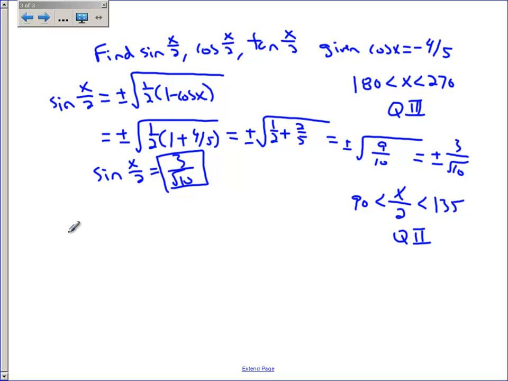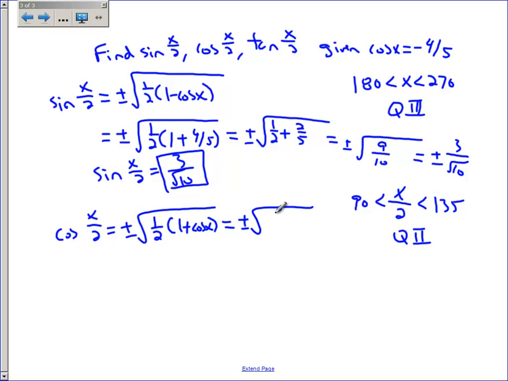All right. Cosine of x over 2 is going to equal, from your formula chart, plus or minus the square root of 1/2 times 1 plus cosine x. So that's going to equal plus or minus the square root of 1/2 times 1 plus a -4/5, which is 1 minus 4/5, which is plus or minus the square root of 1/2 times 5/5 minus 4/5 is 1/5, which is plus or minus the square root of 1/10, or 1 over the square root of 10.